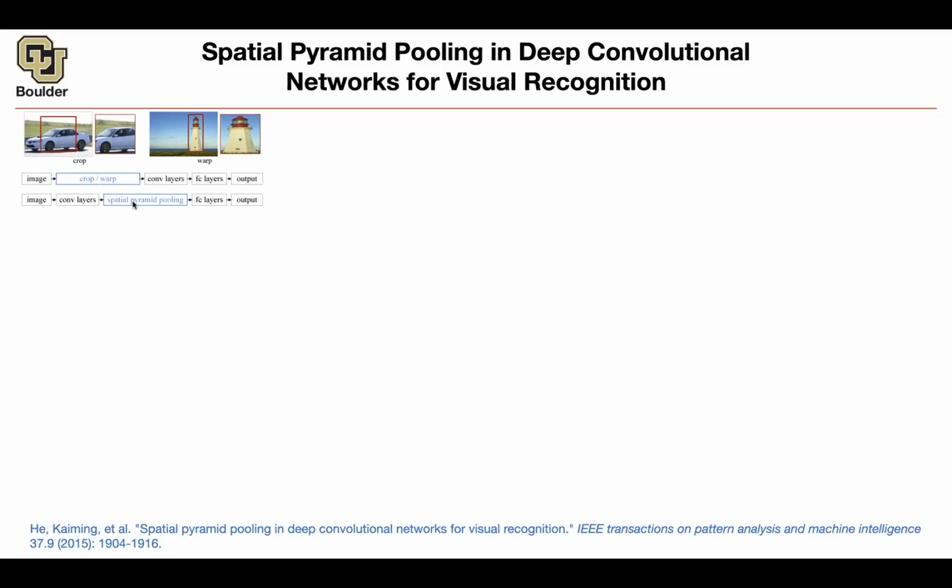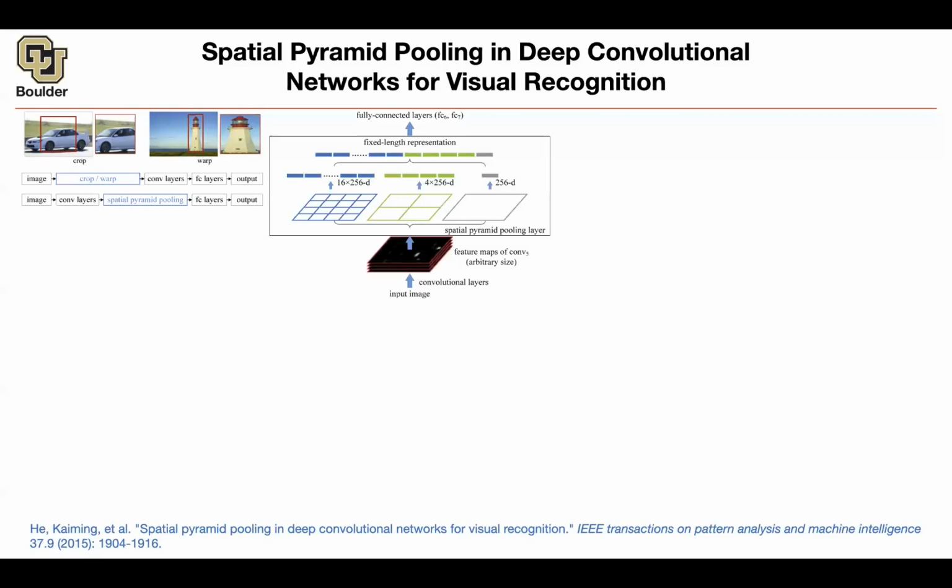And we saw spatial pyramid pooling when we were doing semantic segmentation as well. So how is it going to work? You're going to change your classifier. This is your classification network. Up until this part, there is an input image, there are convolutional layers, and then you're going to get your feature maps after some convolution, and that's going to be the input that we're going to work with.